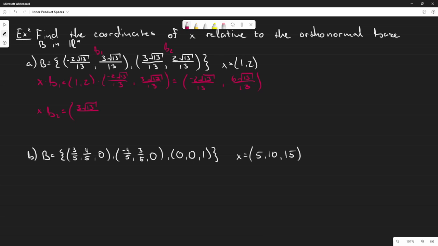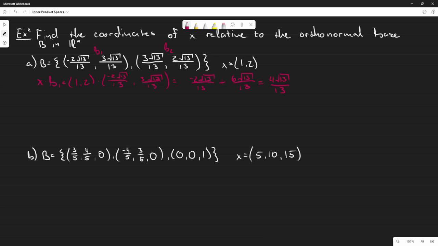Whoops, I messed up. I forgot, I'm taking their dot product. So our first coordinate is negative 2 plus 6, and so this would be 6 minus 2, which is 4 root 13 over 13. My bad, because it's our dot product, so it should be a scalar.